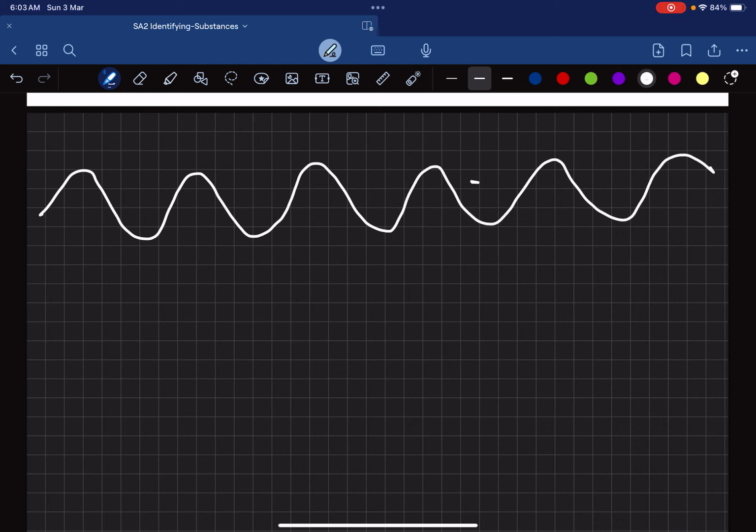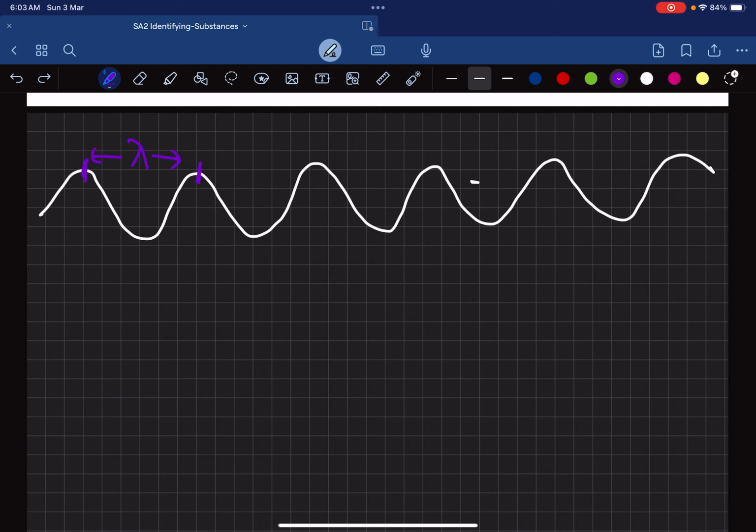The distance between one peak here and another peak here is called a wave number. Or you can even do it from here to here. This is a wave number. But we'll just focus on the top part now.